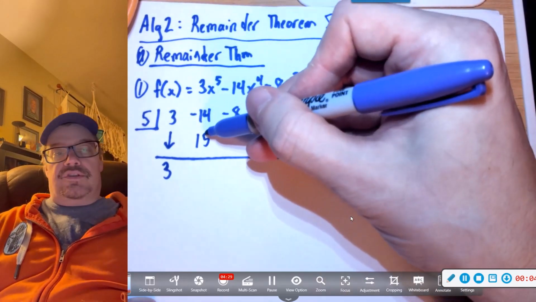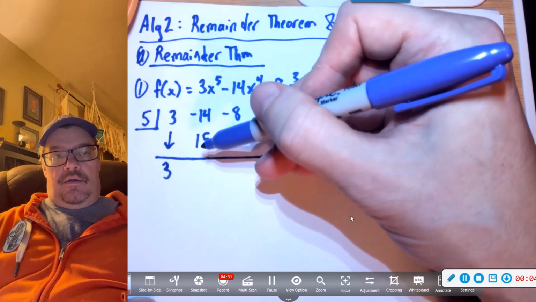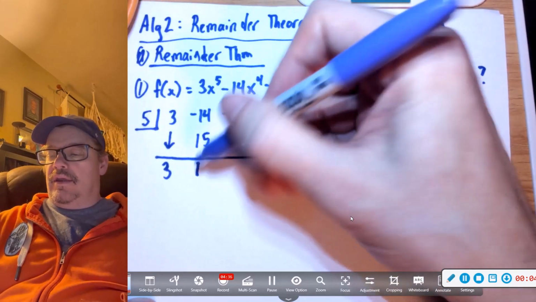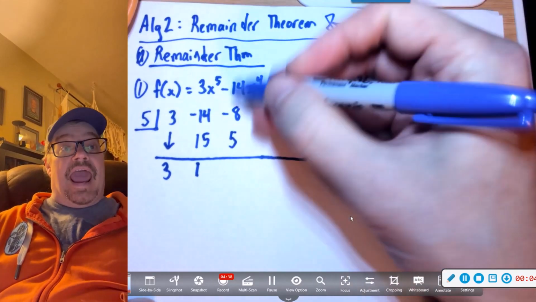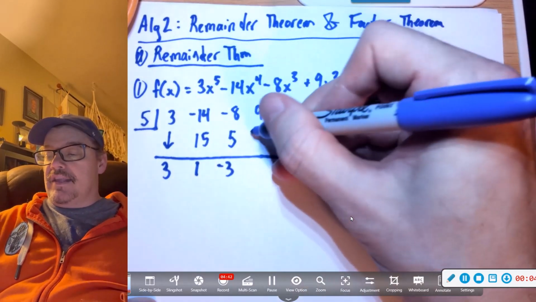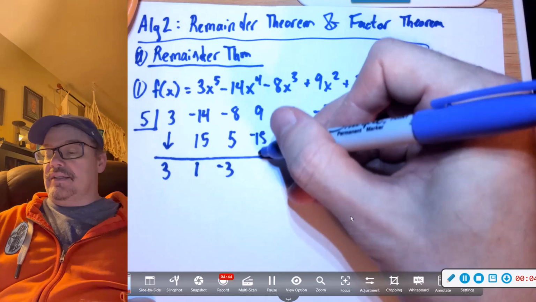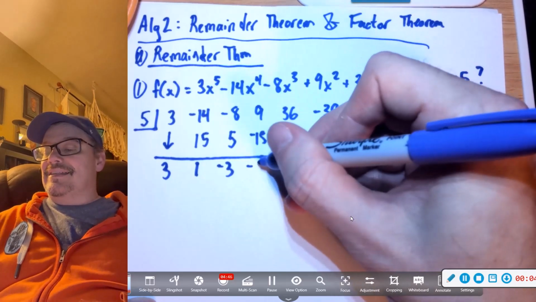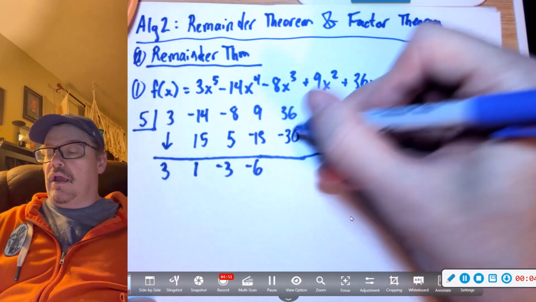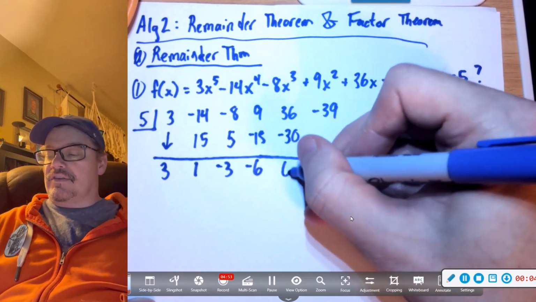Now we add those two together, and you get a positive 1. 5 times 1 is 5. Add going down, negative 3. 5 times negative 3 is negative 15. Add those going down, and that is negative 6. Multiply those two, negative 30. Add those two, you get a positive 6.